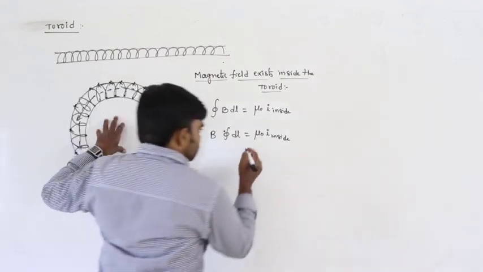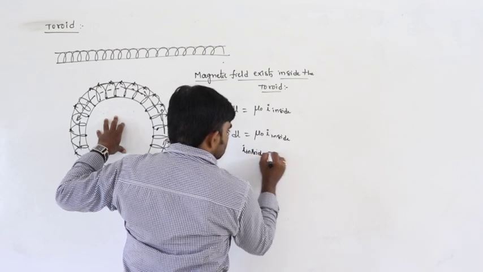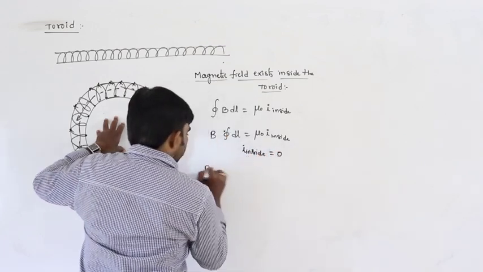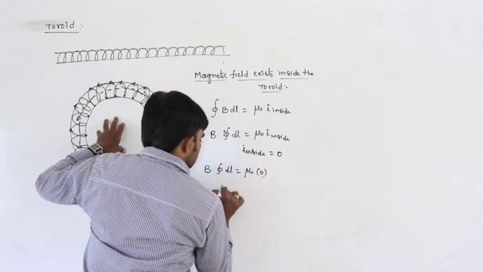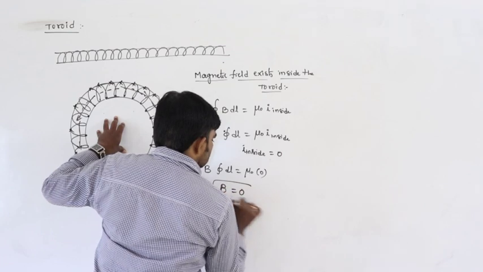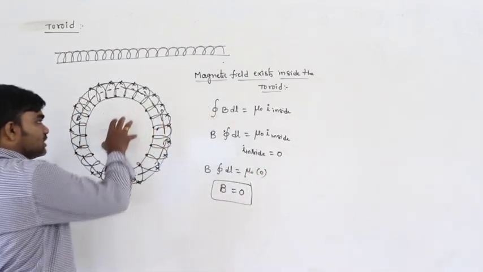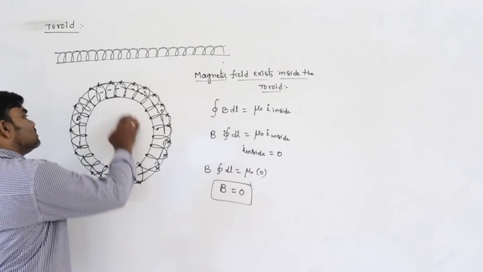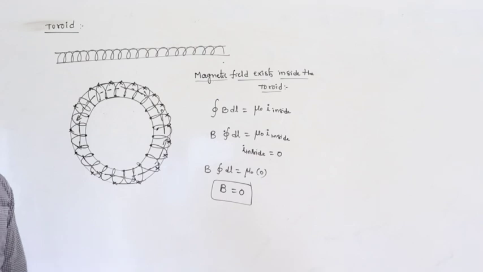Inside the toroid, the current is equal to 0. Therefore, B times the integral of dl equals mu naught into 0. So B equals 0. That means the magnetic field does not exist inside this toroid.